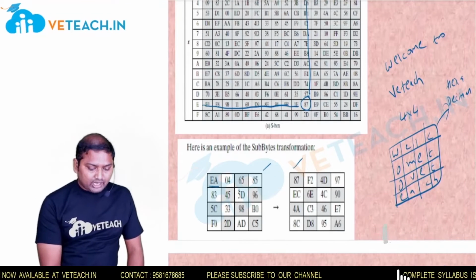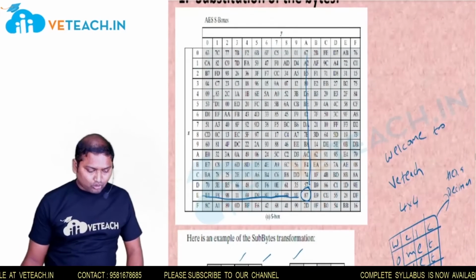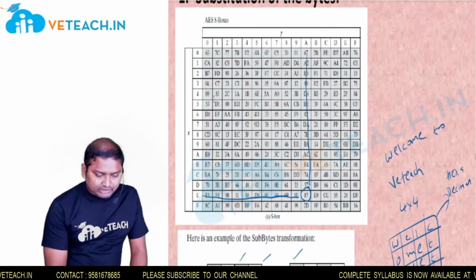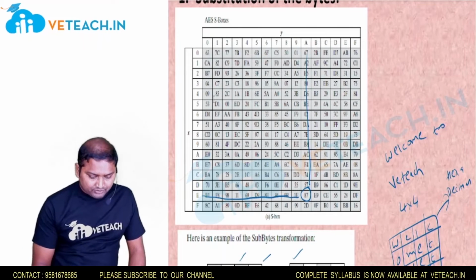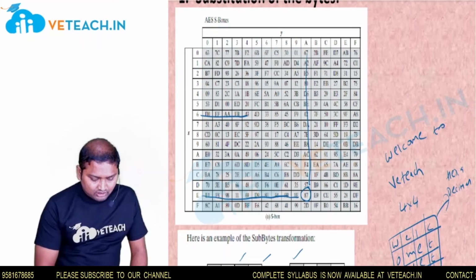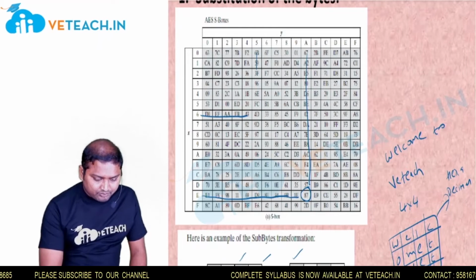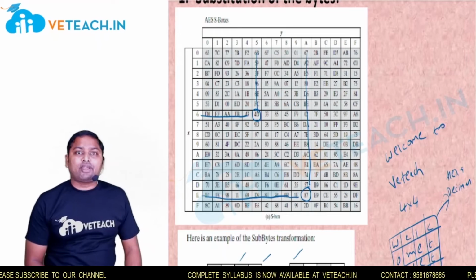Now similarly I want to find out 6, 5. So 6 represents the row and 5 represents the column. Now I want to find out the intersection point. So 6, this is the sixth row. So column wise 5. So what is the intersection of this 6, 5? 4D.